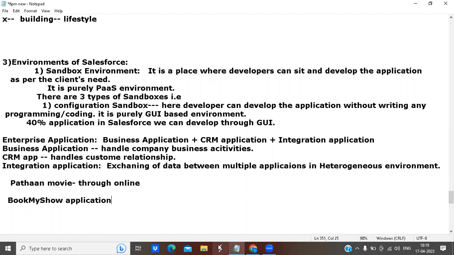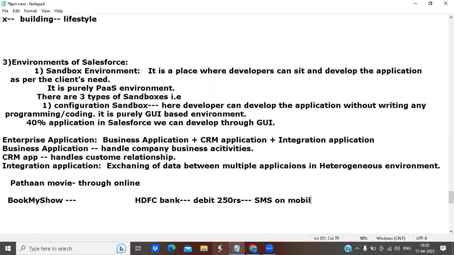So I opened the Bookmate application and I booked the ticket. If I book the ticket, my amount gets deducted from where? My bank. I have the account in HDFC Bank. Amount gets debited from my account, approximately 250 rupees, and immediately I will receive an SMS.